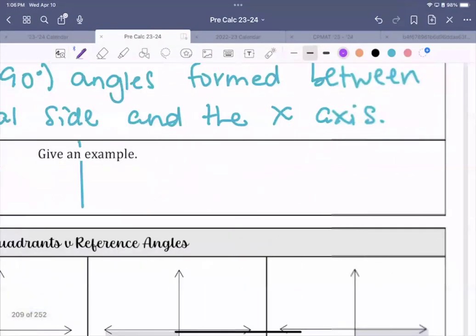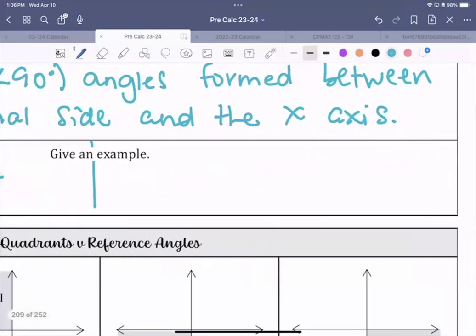Okay, let's look at the next one that we're going to write right here. For this one, I want to show you an example of if you have more than one rotation, so over 360 degrees. So let's do 735. So I'm going to draw my angle in standard position. Here's my vertex and my initial side. 735 is bigger than 360, so it definitely goes around once, and it's positive, so we're going to go in the positive direction.